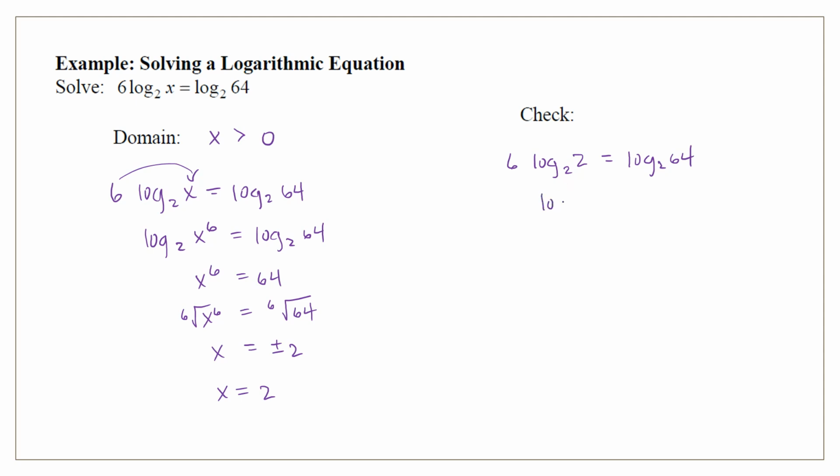So we'll have log base 2 of 2 to the 6 and 2 to the 6th power equals 64. And so log base 2 of 64 equals log base 2 of 64. And so we know that's correct.